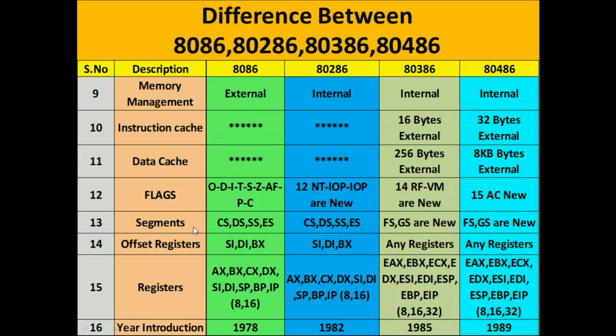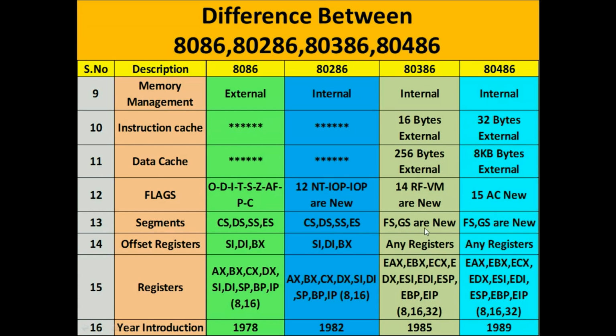And coming to the segments, for the 8086 microprocessor we have code segment, data segment, stack segment, and extra segment. And the 286 microprocessor is also the same. For 386, FS and GS segments are provided additionally. These are the two additional segments provided for 386 and 486.